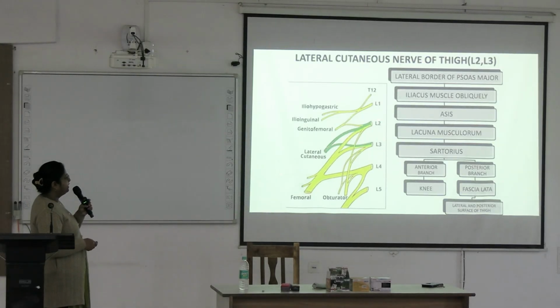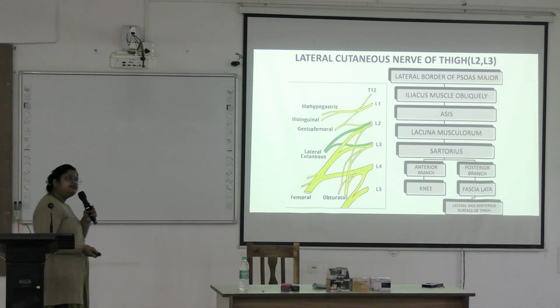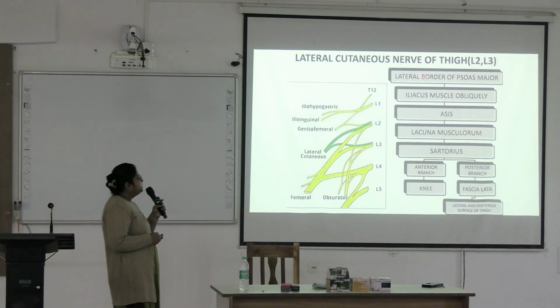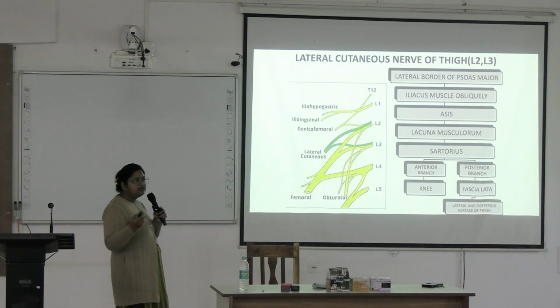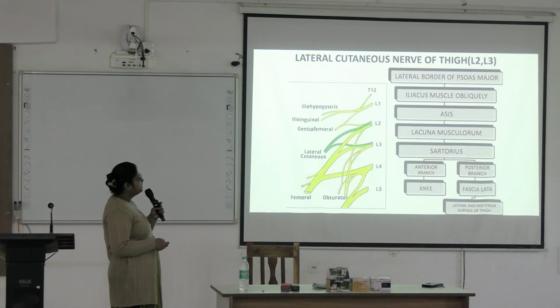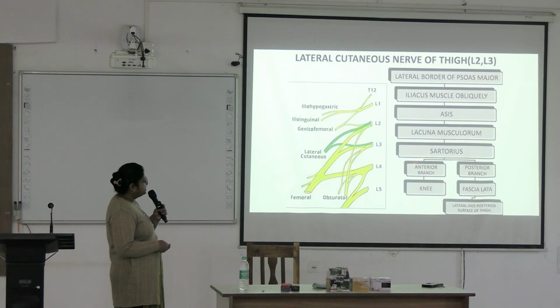See, it is having L2 and L3 roots. It passes from the lateral border of psoas major, crosses the iliacus muscle obliquely, then reaches the anterior superior iliac spine, then it pierces through the lacuna musculorum, crosses the sartorius muscle, and divides into anterior branch and posterior branch.